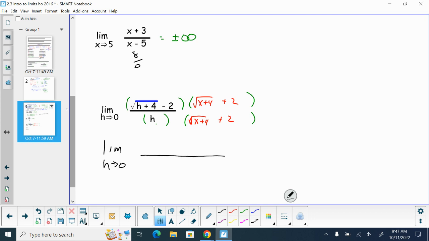So if we look at the conjugate at the top and we multiply this out, square root of h plus 4 times square root of h plus 4, I'm sorry, that should be an h, will give us an h plus 4. We have negative 2 square root of h plus 4, positive 2 square root of h plus 4, they go bye-bye. And then we have minus 4. On the bottom, let's leave it alone.